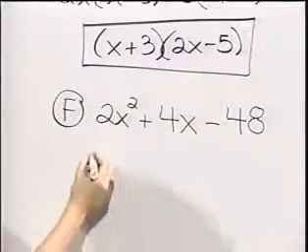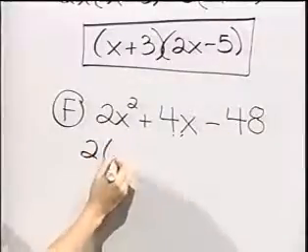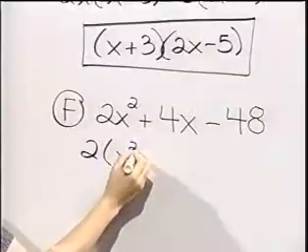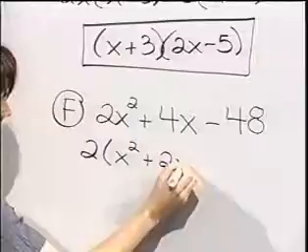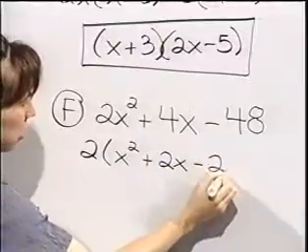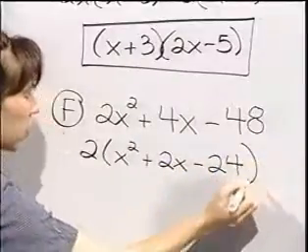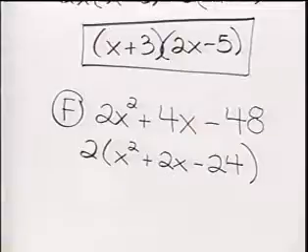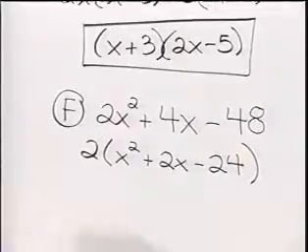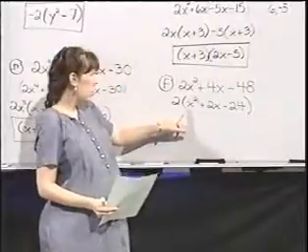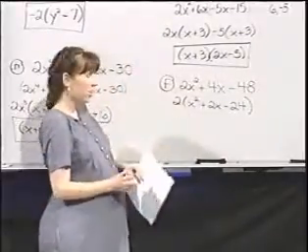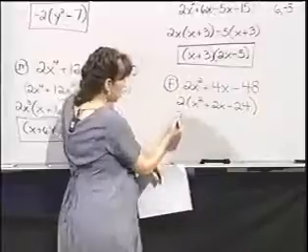Here you can take a 2 out, so we're going to remove the 2, and when you do so, you're left with the polynomial x squared plus 2x minus 24. And now, can we factor this? This is a polynomial with no lead coefficient on the x squared, so this is one of the easier ones.